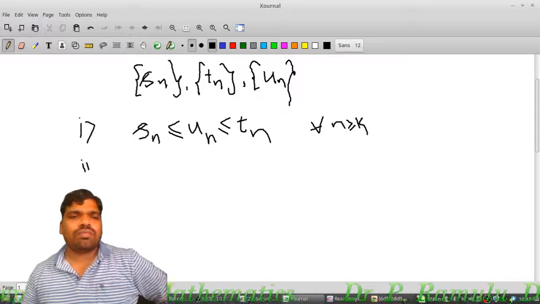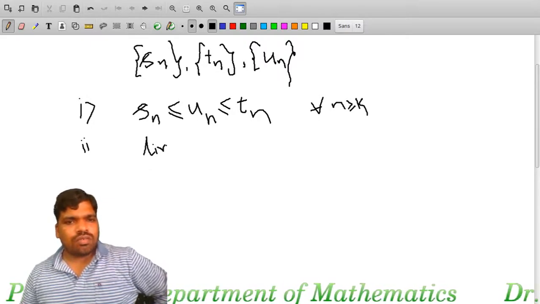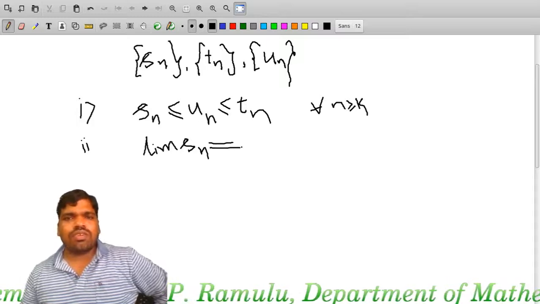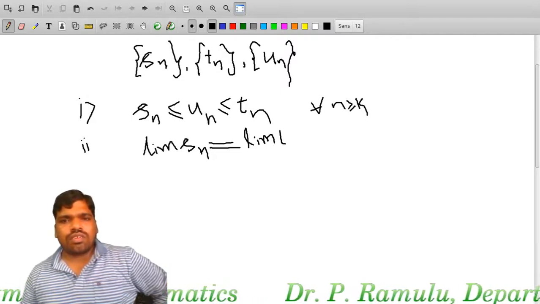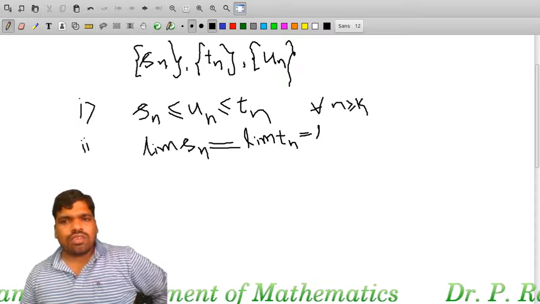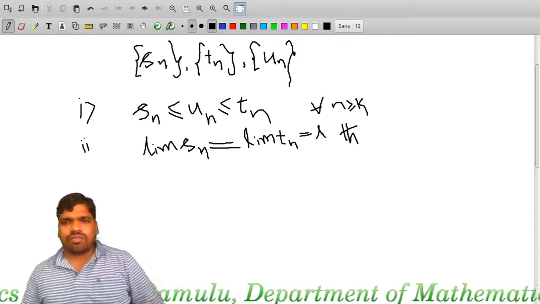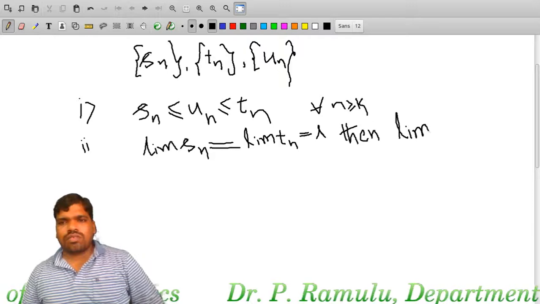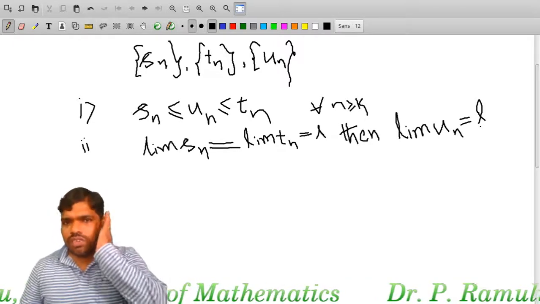Second one: lim Sn equals lim Tn equals L. Then lim Un equals L. So Sn, Tn, Un are three sequences.